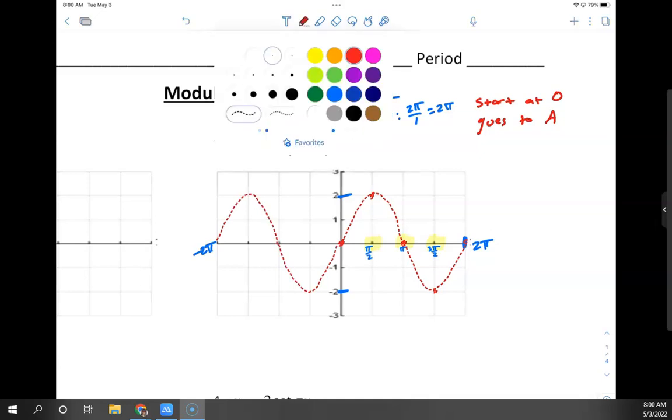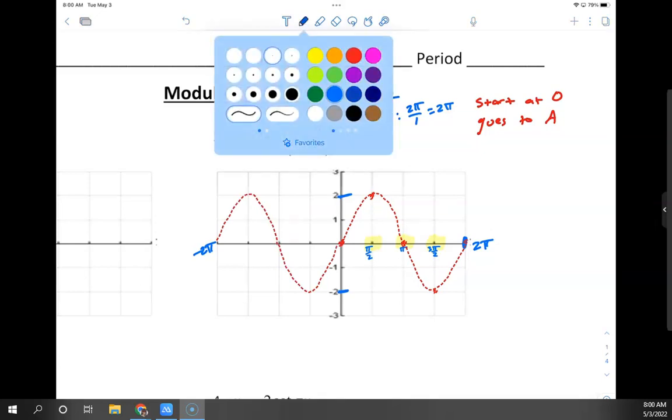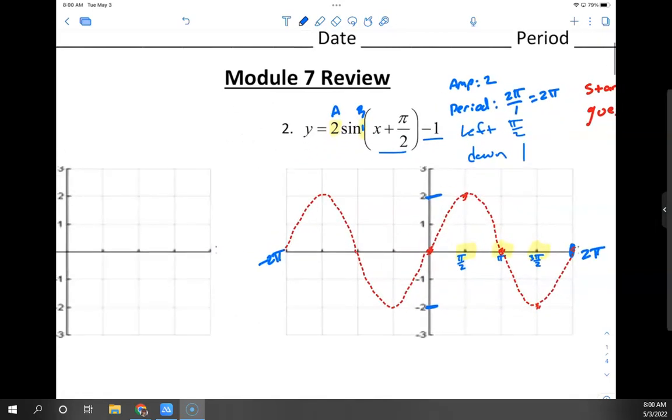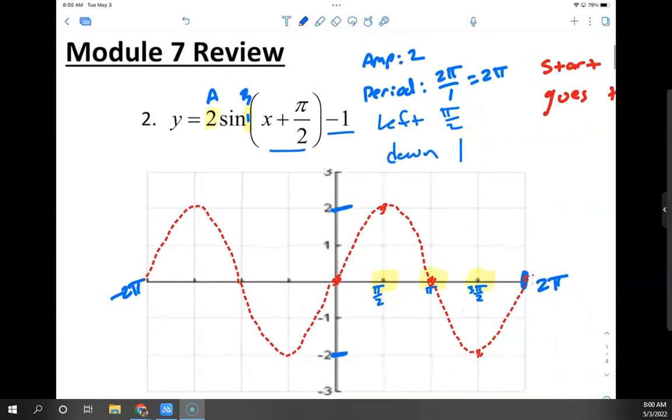Okay, and now we have to shift this. You can write your shifts here. If it's plus, that goes left, pi over 2, and minus 1 goes down 1. Then you look at your labels on the x-axis: left pi over 2 is 1 space to the left. So it's basically going to go 1 space to the left and 1 space down.